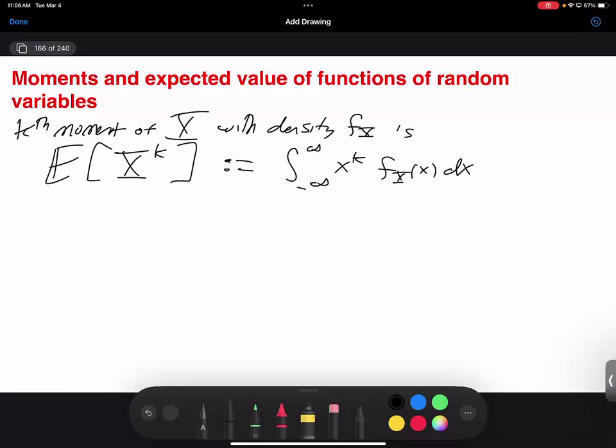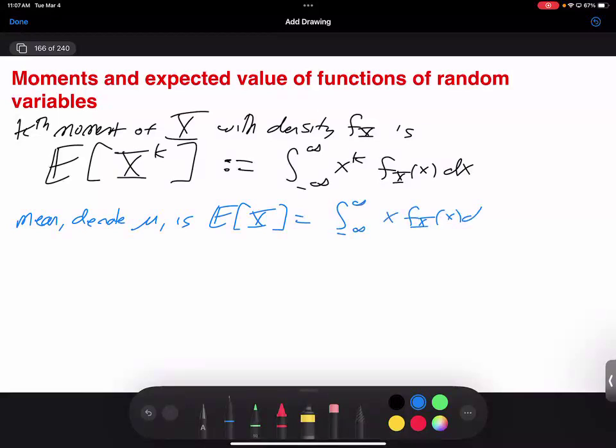And certain values have names. So the mean, which we denote by mu, is the expected value of x, which is just the integral from minus infinity to infinity of x times f sub x of x dx.